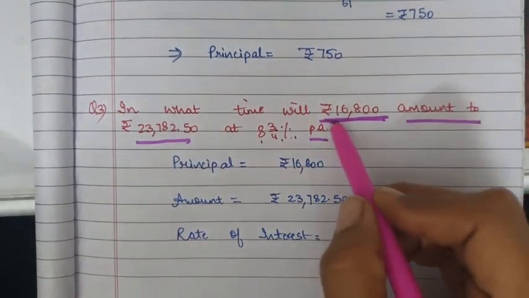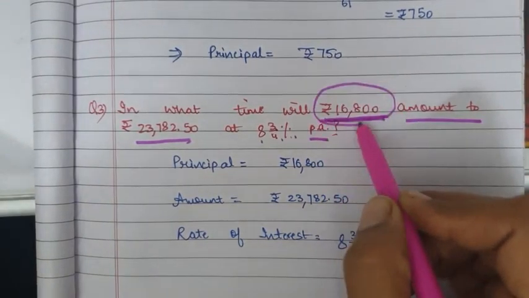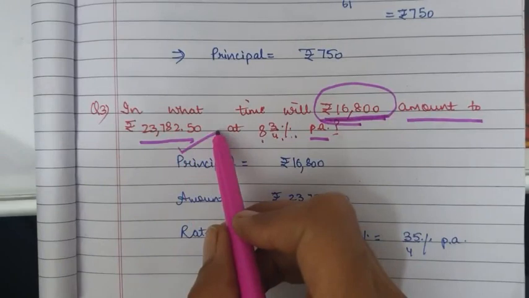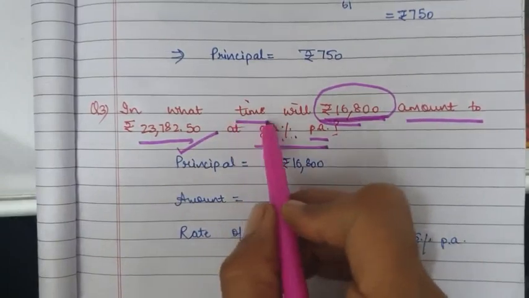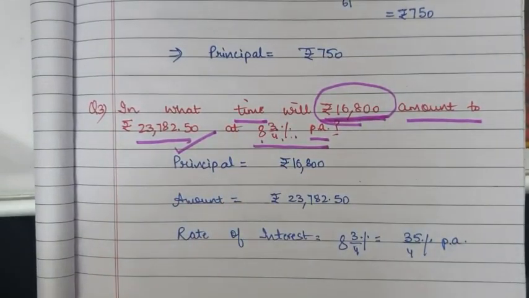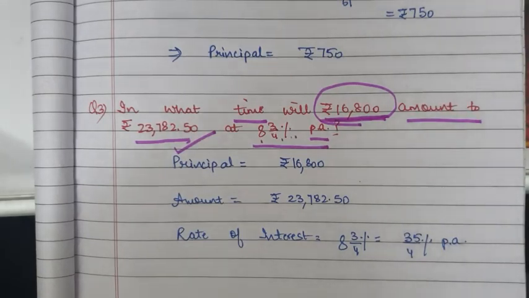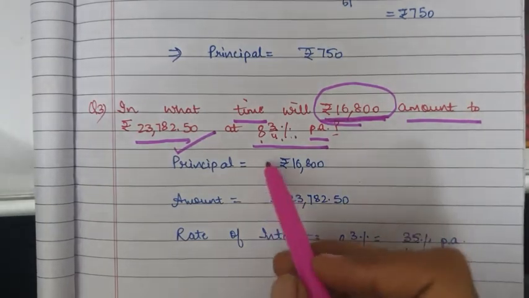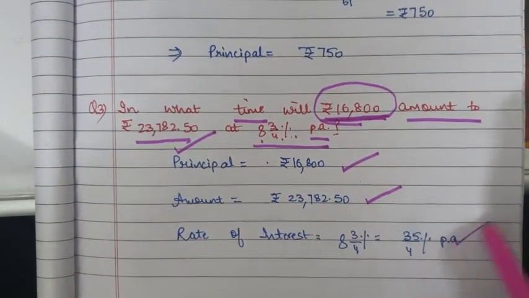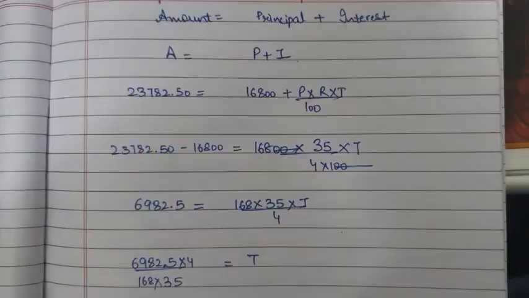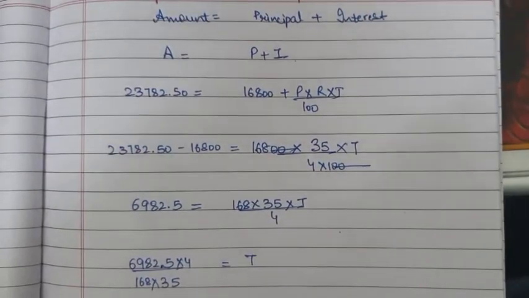Now children, principal is given to you, amount is given to you, rate of interest is given to you, and you have to find what? Time. So, in the second question, whatever method we applied, the same method we will apply here also. So now put the values.